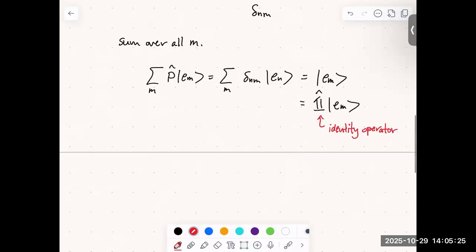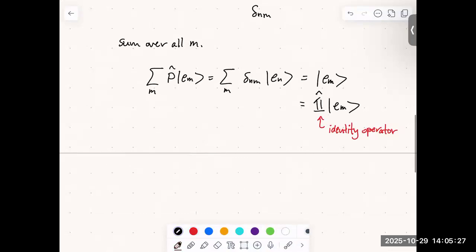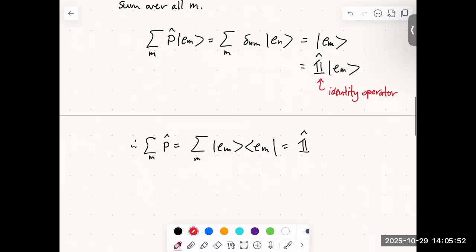And so the only possibility is, therefore, that the sum of the projection operator, which, remember, the way we defined that was the following, has to be equal to the identity operator. So that is one of the results that we're going to make use of today.